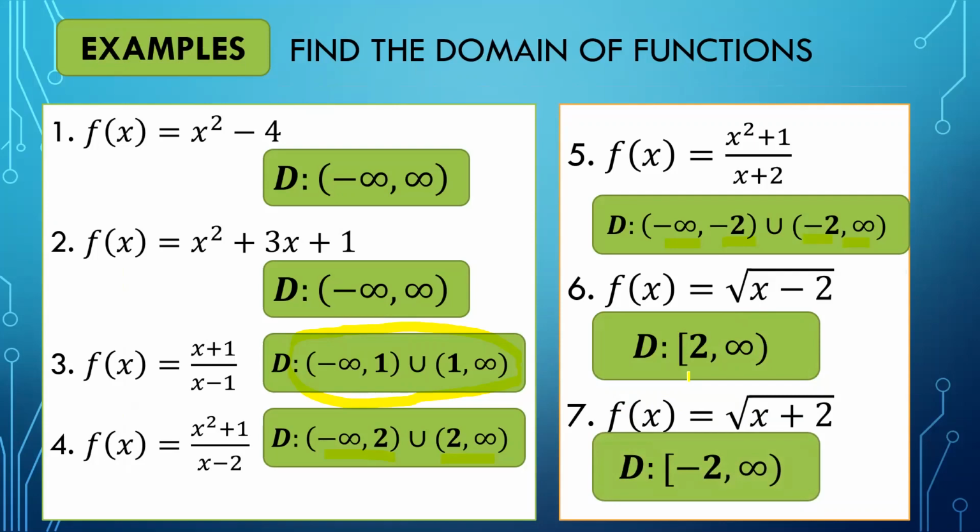Here, if you observe, if it is a radical, the domain will most likely be in this form, but the question will be, what will be the excluded number in order for the radicand not to be negative.